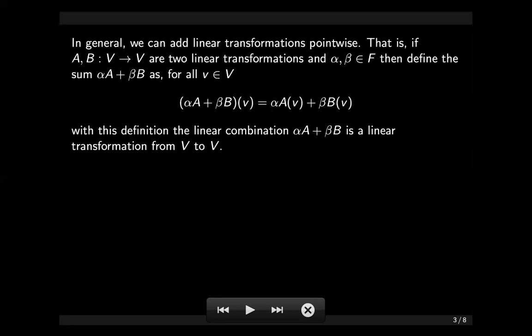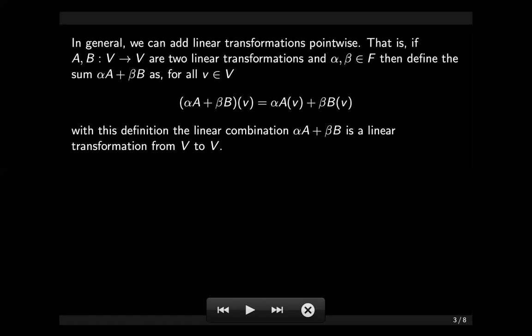Now we can add linear transformations pointwise. If we have two linear transformations, A and B, that map V onto itself, and we have two scalars, or two elements of our field, alpha and beta, then we can define the sum alpha A plus beta B as follows: for all v in our vector space V, (alpha A plus beta B) applied to v essentially distributes v into the sum, and that gives us alpha times A of v plus beta times B of v.